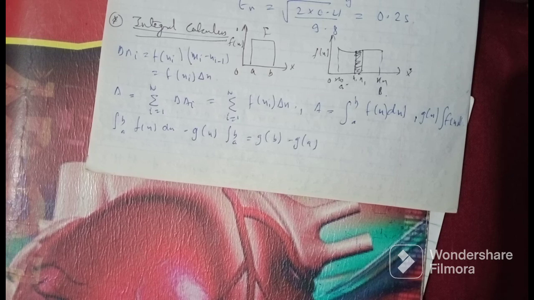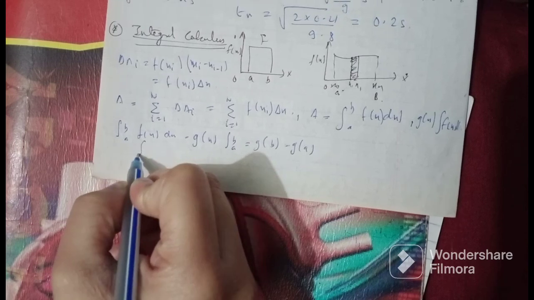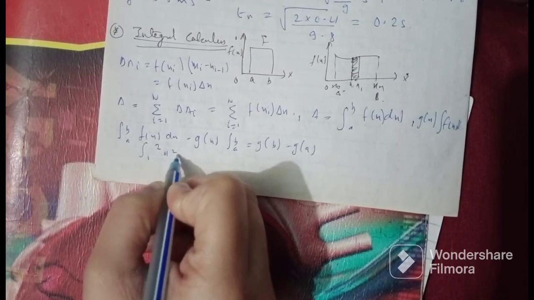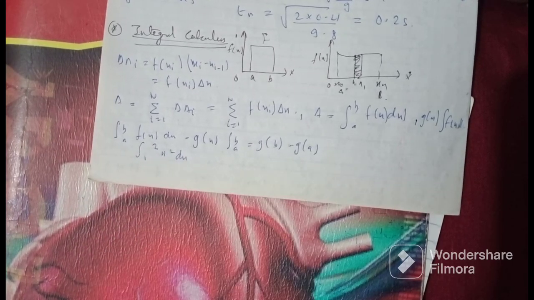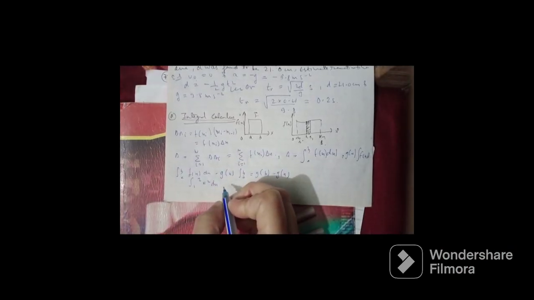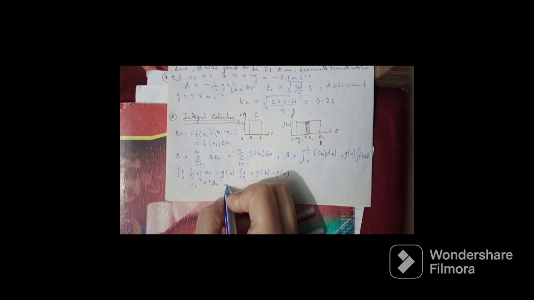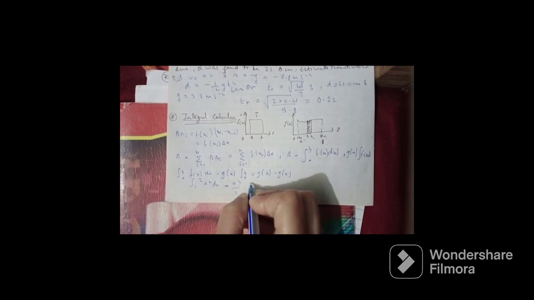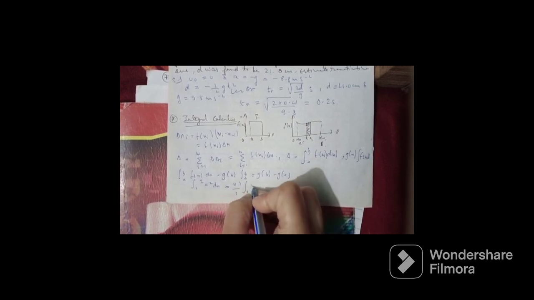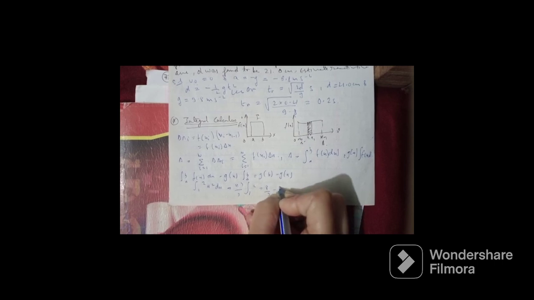Therefore, the integral from 1 to 2 of x squared dx equals x cubed by 3 from 1 to 2, which is 8 by 3 minus 1 by 3, equal to 7 by 3.